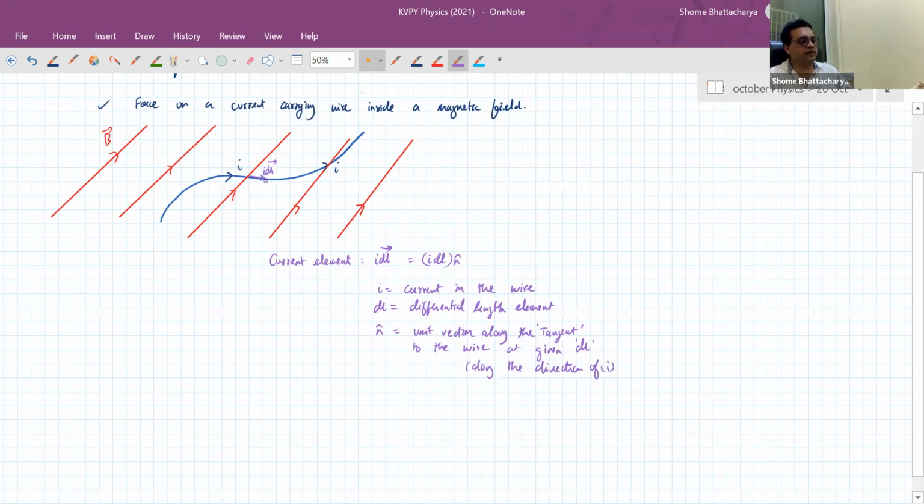The tangent to the wire at this point is like this kind of a line. It's pointing towards the right and not towards the left because the current is flowing towards the right.